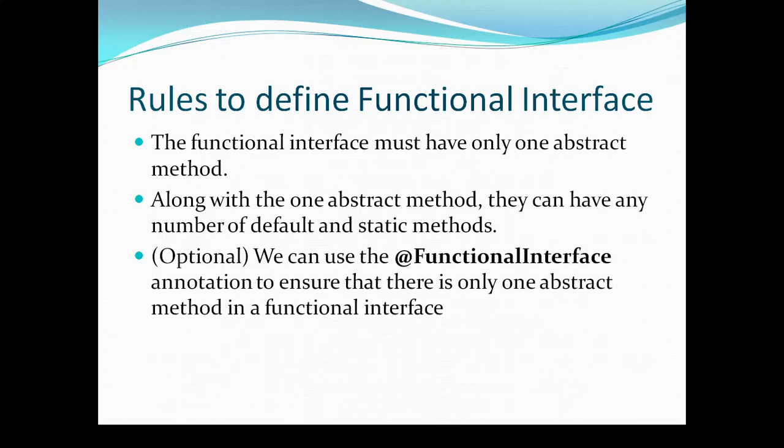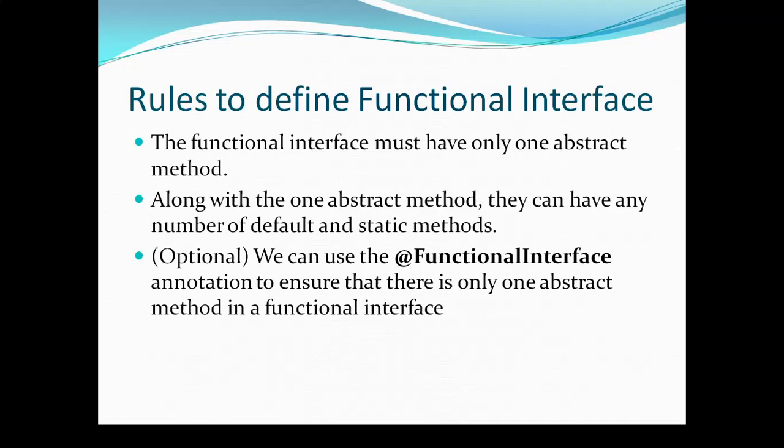And if we try to add more than one abstract method in a functional interface, we will get a compile time error if we are using the FunctionalInterface annotation on top of the interface. We will also see this with an example later in this tutorial.